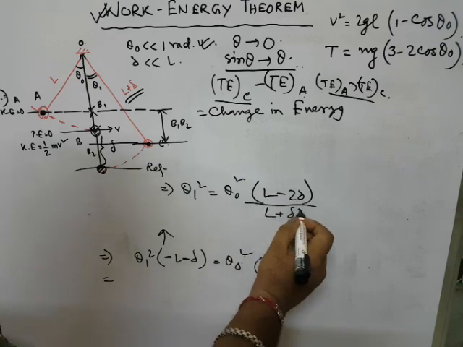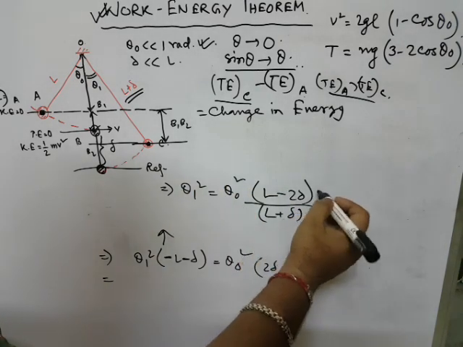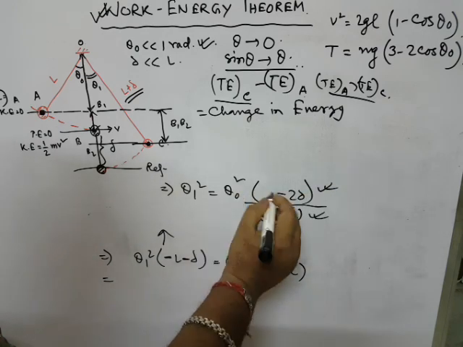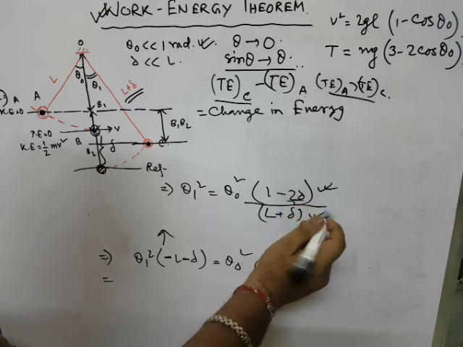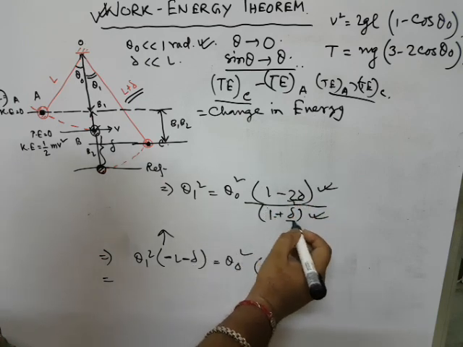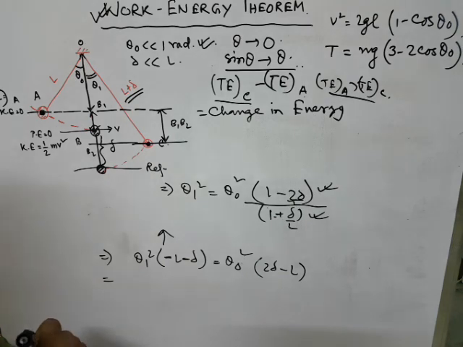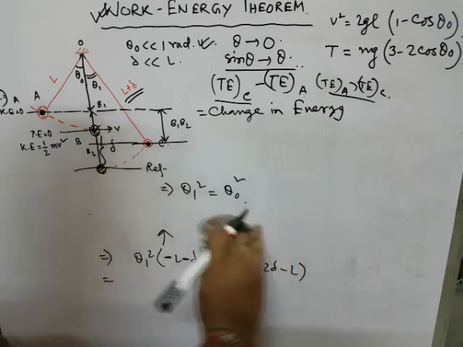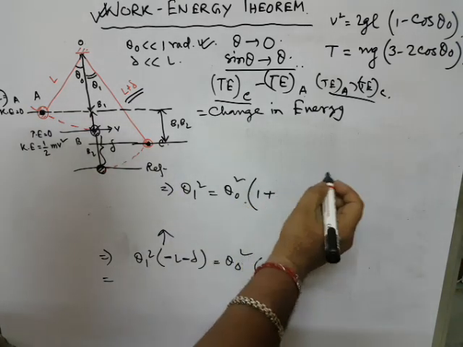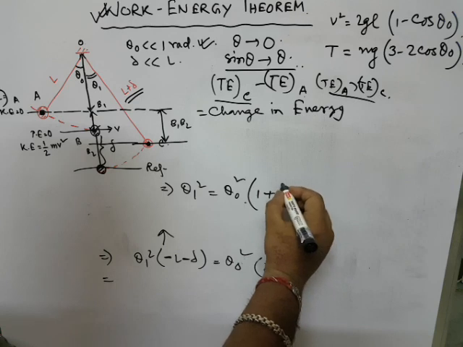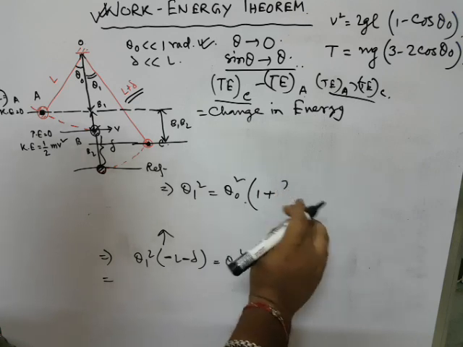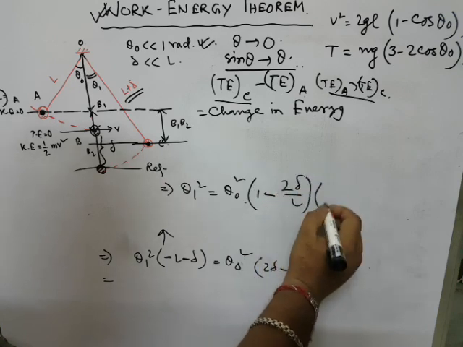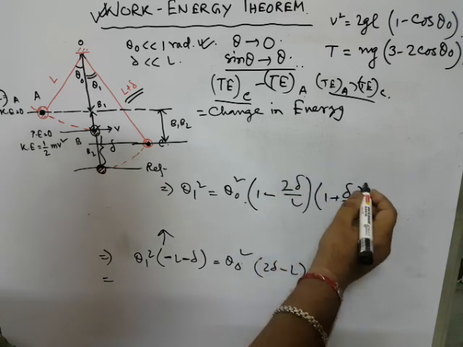So for L + δ, let's divide both numerator and denominator by L, so we'll get 1 minus 2δ/L, and here 1 plus δ/L. So we get (1 − 2δ/L) into (1 + δ/L) inverse.